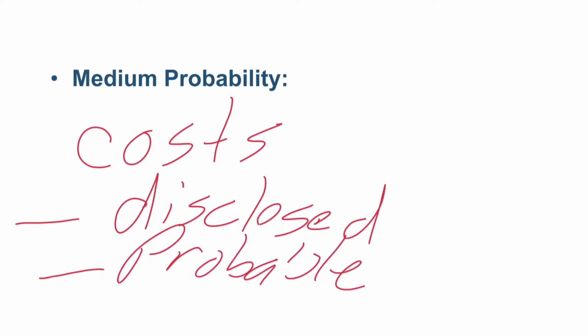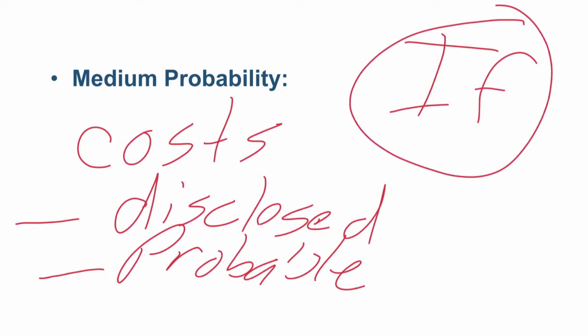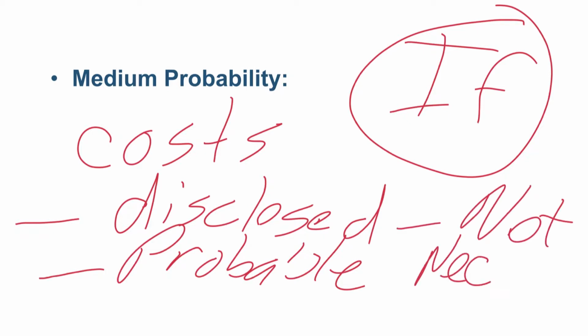And the key there is if. So we have an in-between factor there. It's not necessarily probable. However, it could be property. It doesn't have to be. It could be a small product as well.